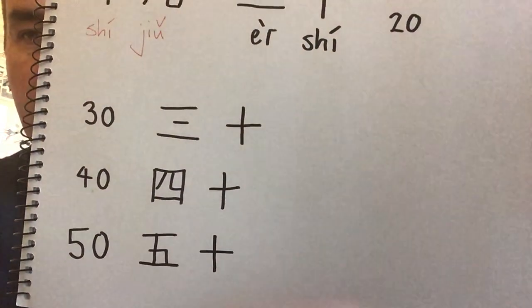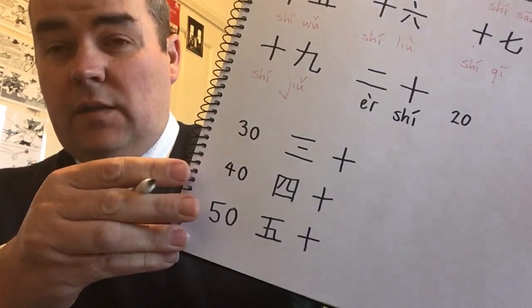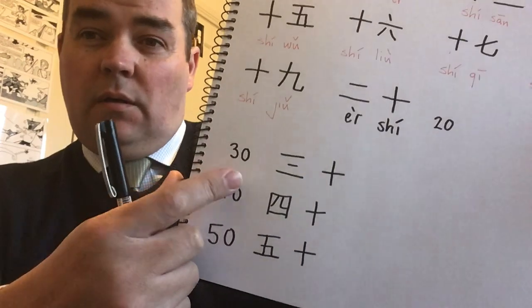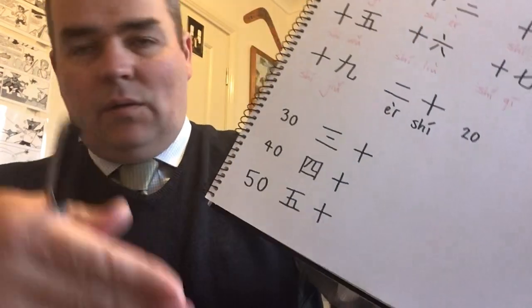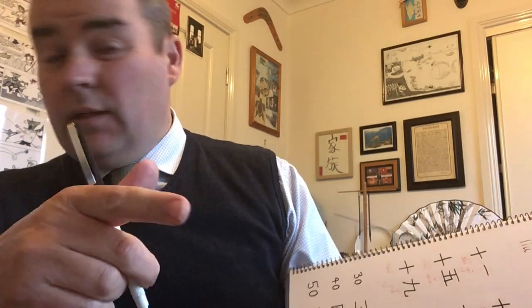And can you guess what 50 would be? It's going to be 5 tens, which is 50. Okay. Now, if I'm going to make a number that's not a multiple of 10, all of these ones are multiples of 10. So you're going to have 30, 3 tens, 40, 4 tens, and it goes on and on. So when you get to 80, 8 tens, 90, 9 tens.